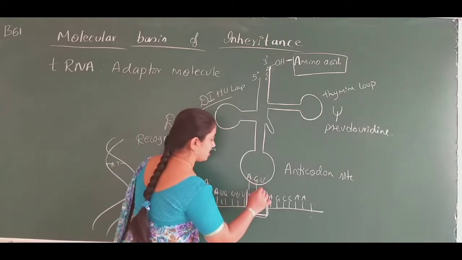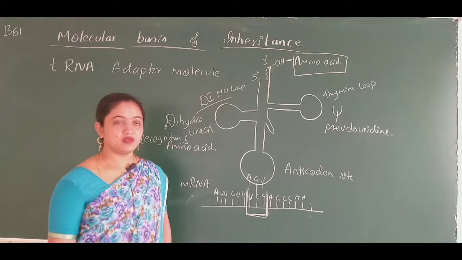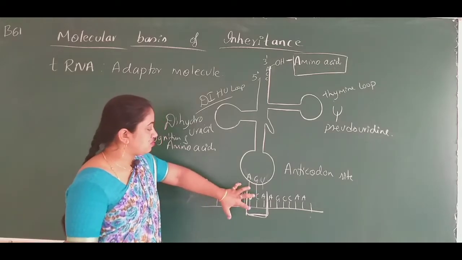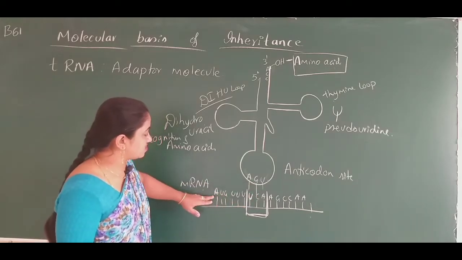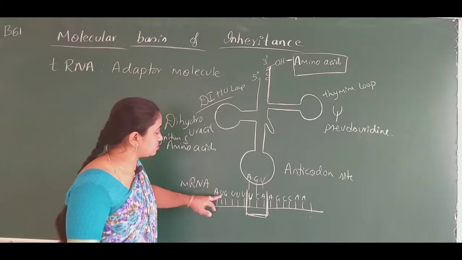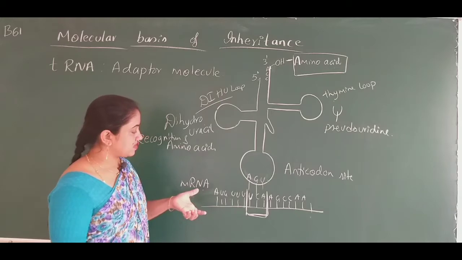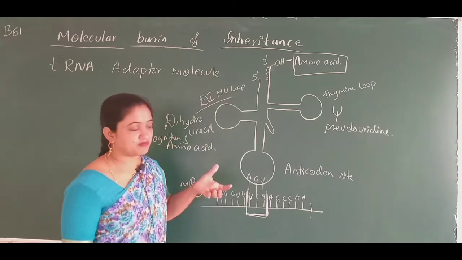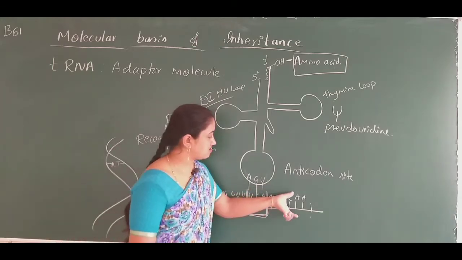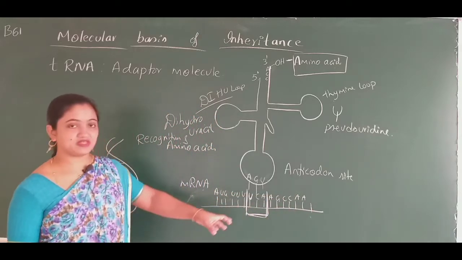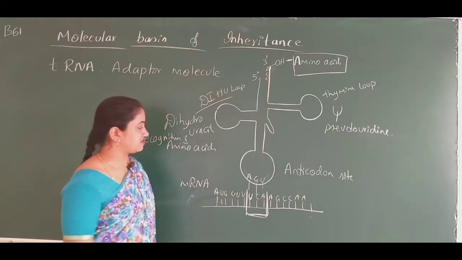Now it gets linked, right? Here, an AUG triplet codon is present at this site, and here one more triplet codon, and many more sequences will be there on the mRNA strand.